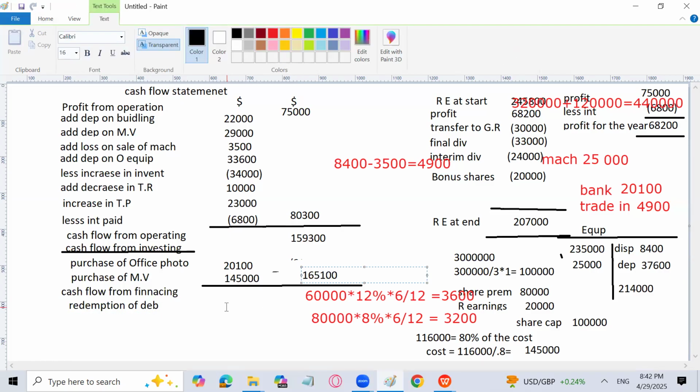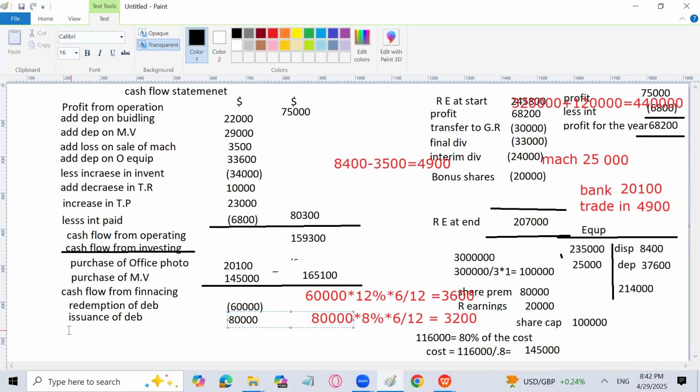Then redemption of debenture, that is going to be an outflow of 60,000. And we have issued debentures also for 80,000. 60,000 we are paying, that is a cash outflow, and 80,000 debentures we are issuing, that is a cash inflow.